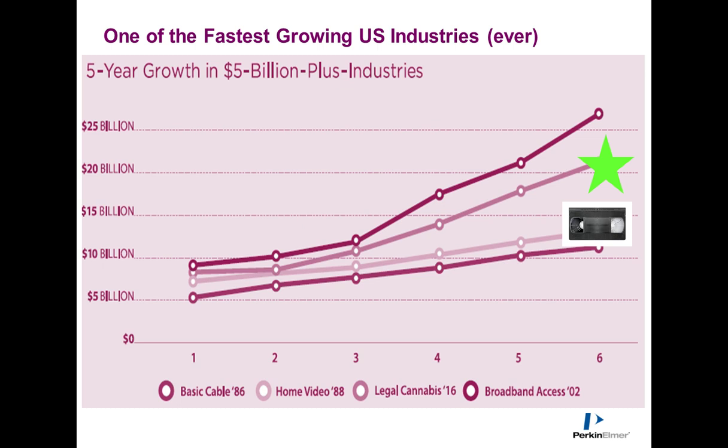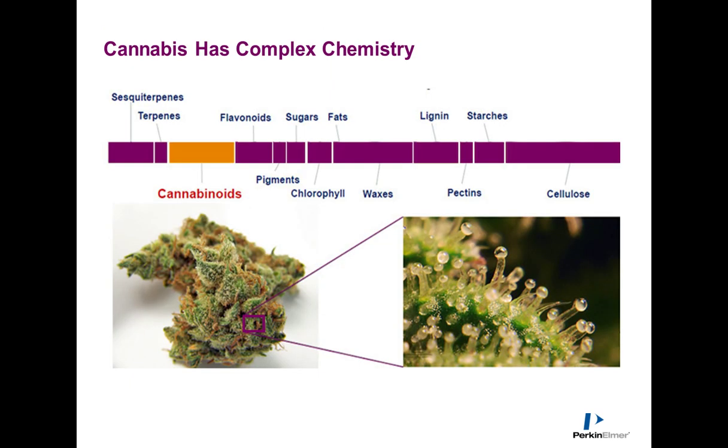We see that on this slide here, and we see that the green star is the trajectory for the cannabis industry, and we see it growing much faster than the VHS. So this supports that a lot of science and activity that's happening now is only going to be happening more in the near future. So it's an exciting time to be involved in this industry.